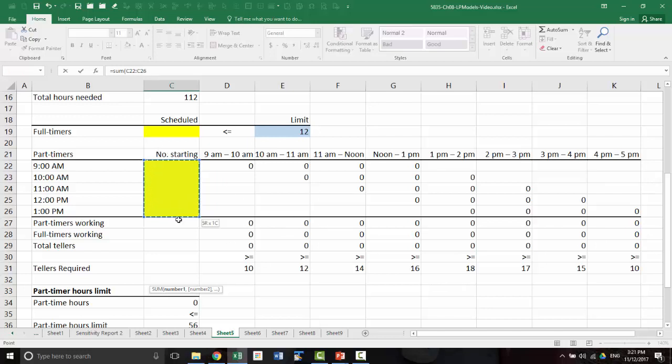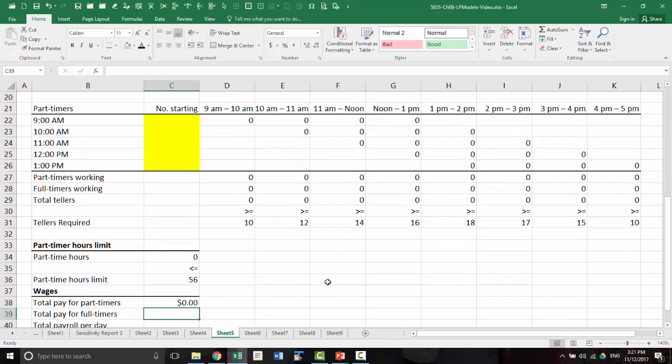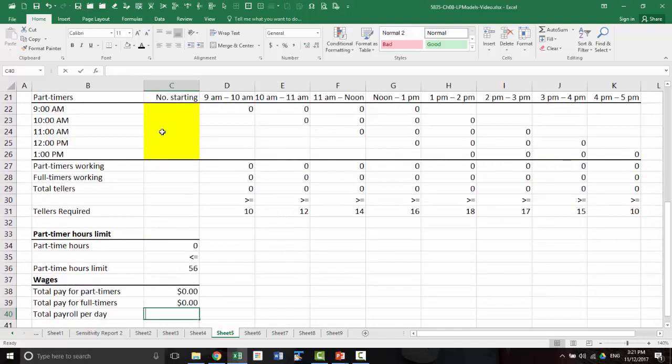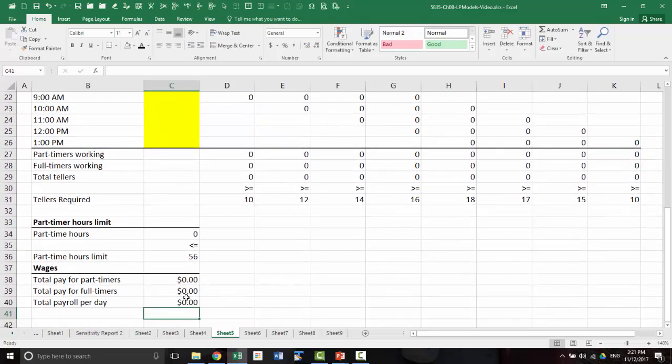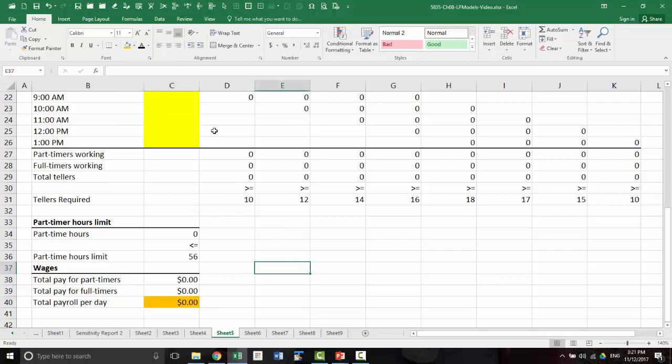The sum of that is the total number of part-timers that will have to be paid this amount per day. The full-timers are paid how many full-timers we're going to schedule times the full-timer salary per day. Then add the two, and we get the total payroll per day, and let's color code that as the target cell.